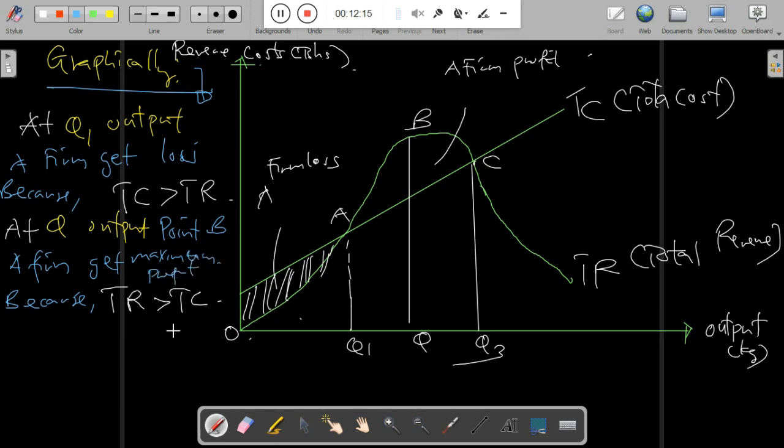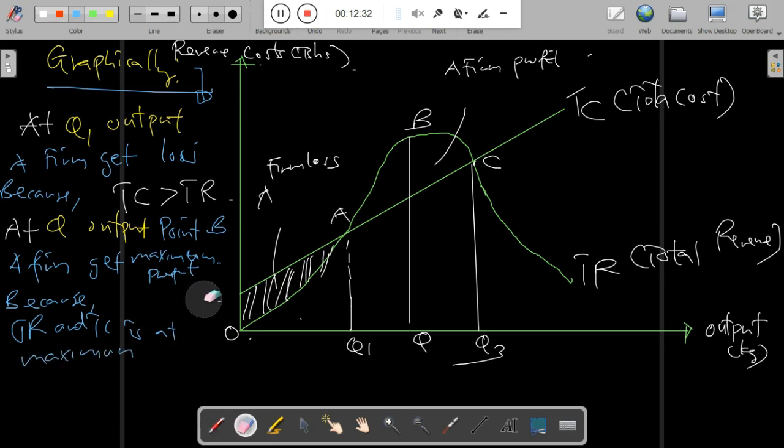But at point Q star, at point B, it represents a firm's profit because the total revenue is above, or greater than, the total cost. As you can observe, the total revenue line is greater than the total cost.